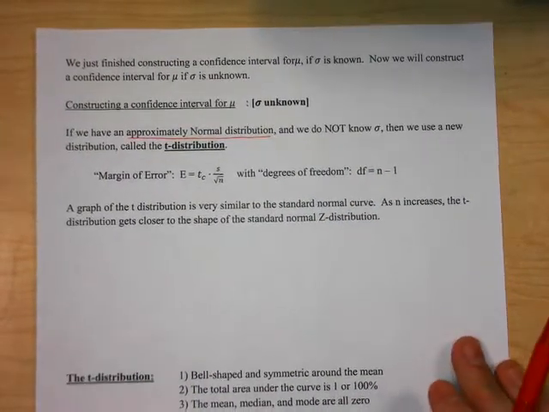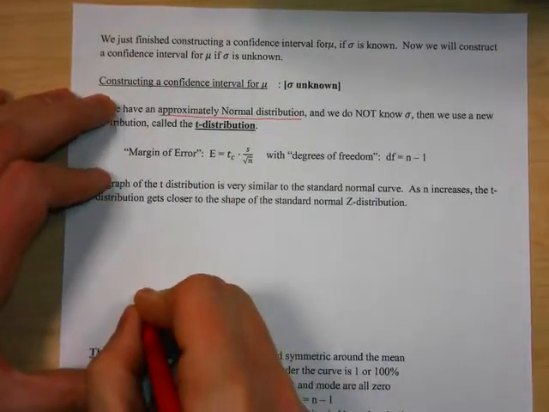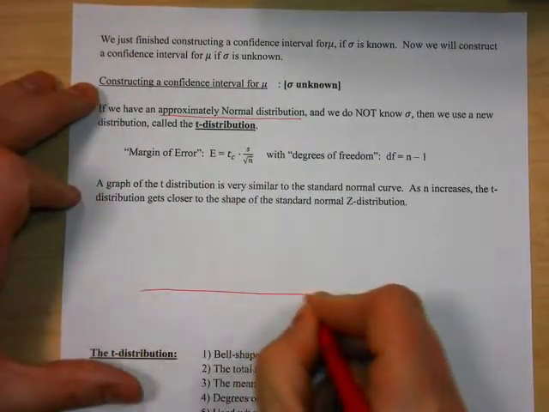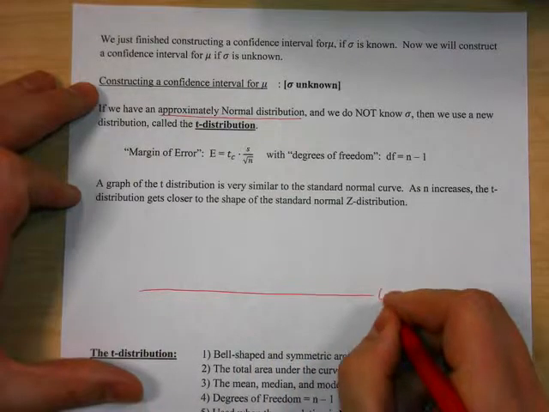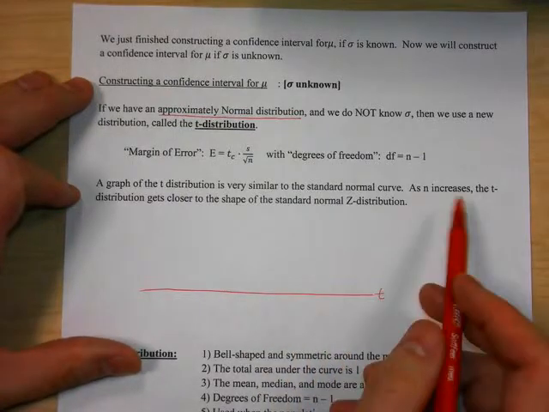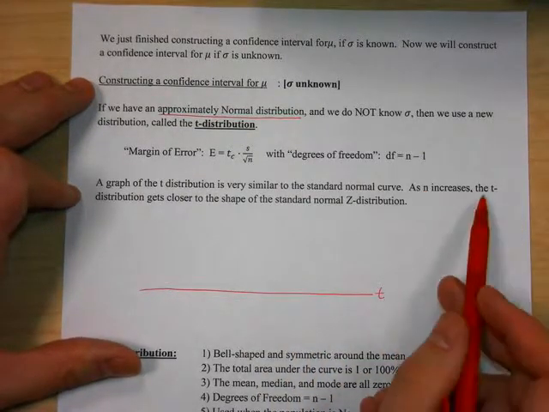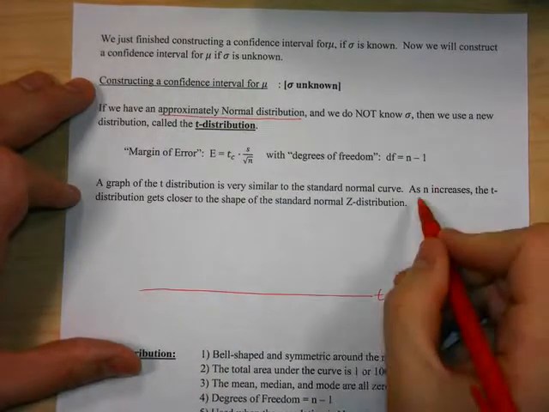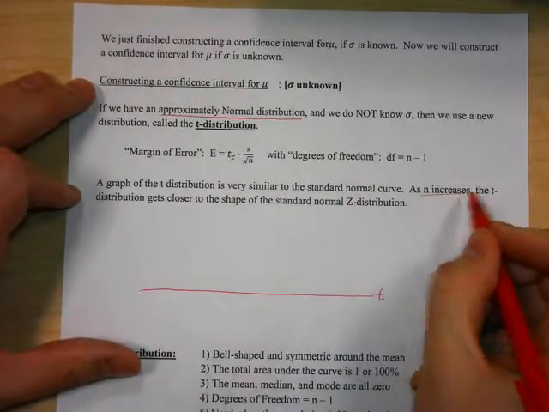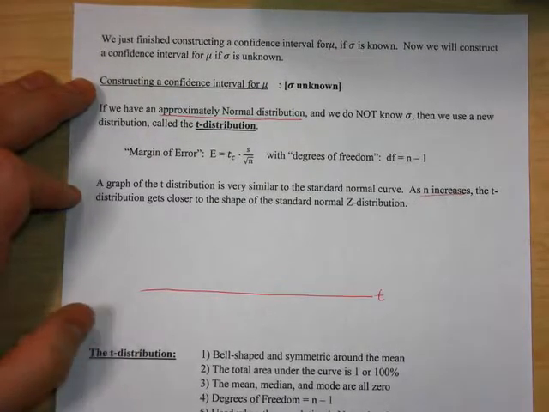Now all that a t distribution is, it's an approximation for a normal distribution. So the idea is, when you look at graphing t distributions for different n values, as the n value gets larger, so as n increases, the t distribution gets closer to the shape of a normal z distribution.